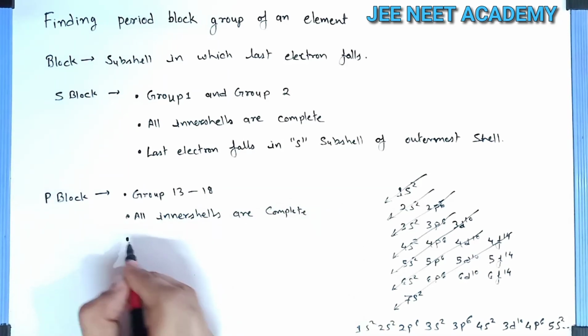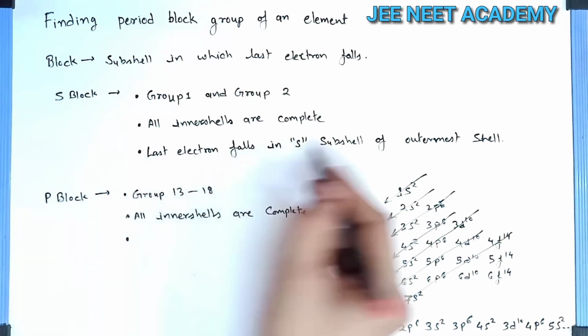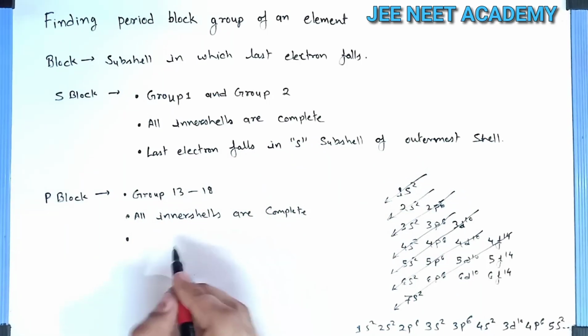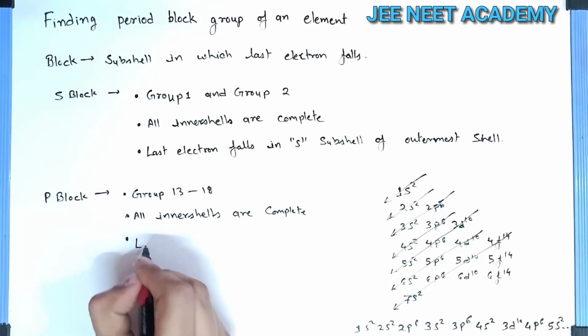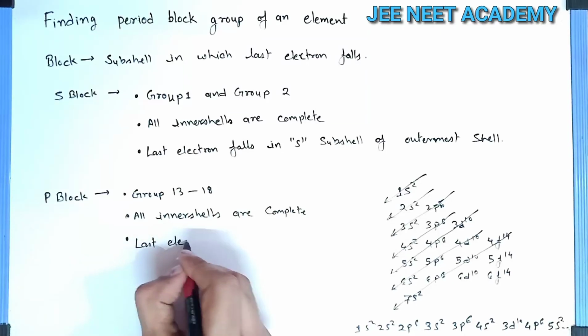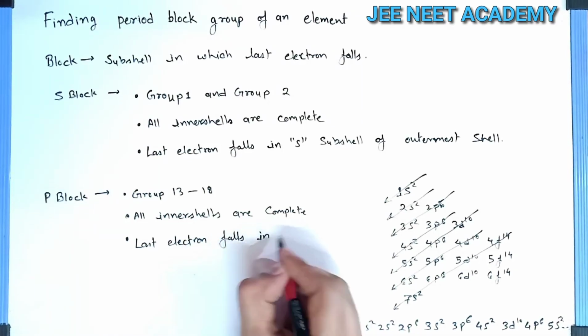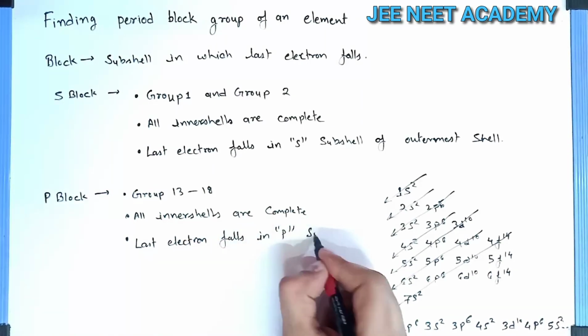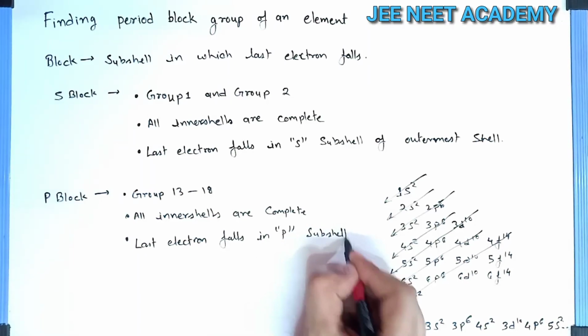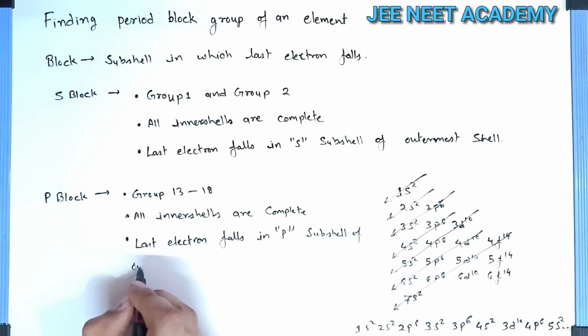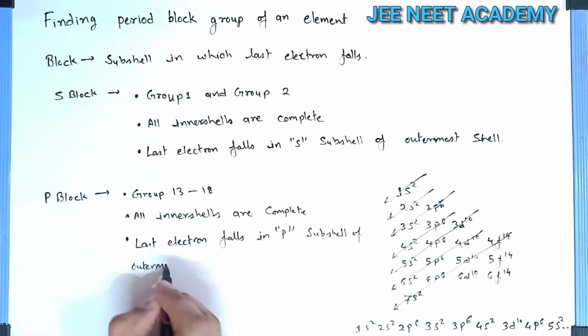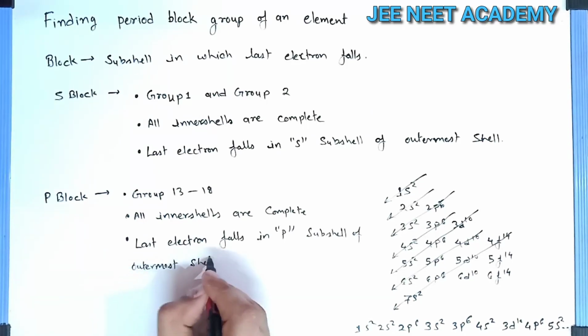Then third point for p block, same, the last electron falls in the p subshell of the outermost shell. So if the electron is in 2p or 3p or 4p, then that element will be a p block element.